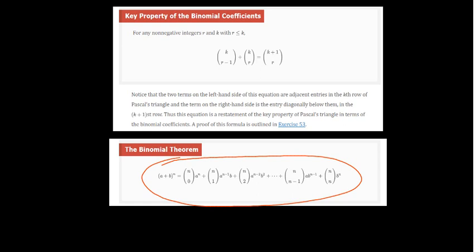Looking at the first term, it is simply n over 0. Well, what is n? n is your exponent here. So it just becomes n factorial over 0 factorial, and then the exponent is going to be a to the nth power.